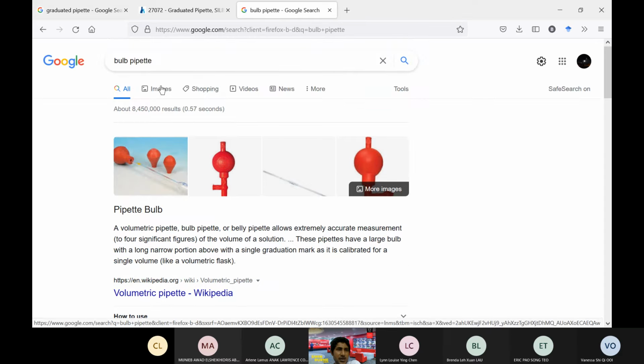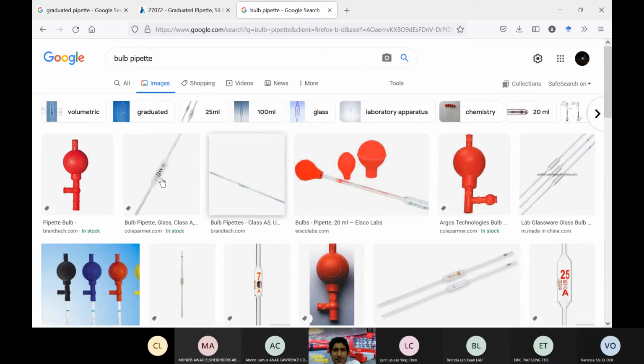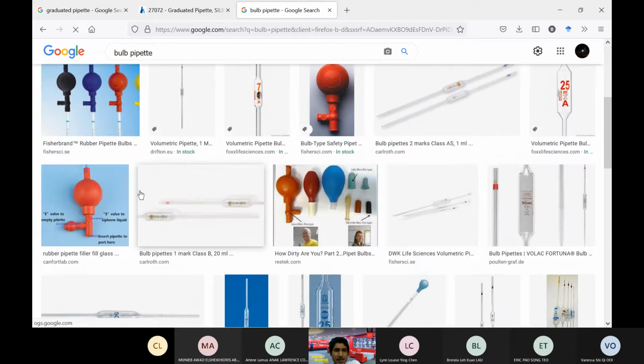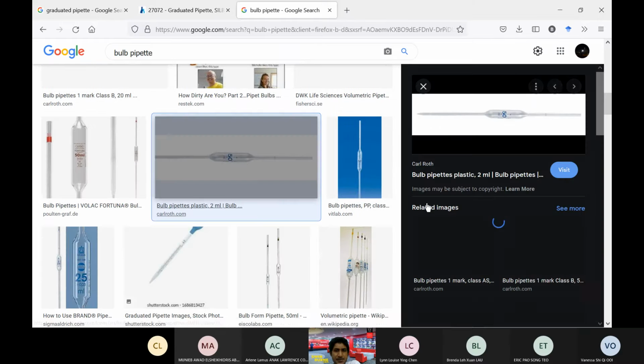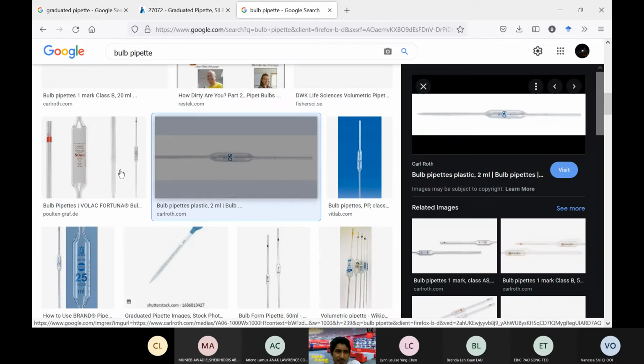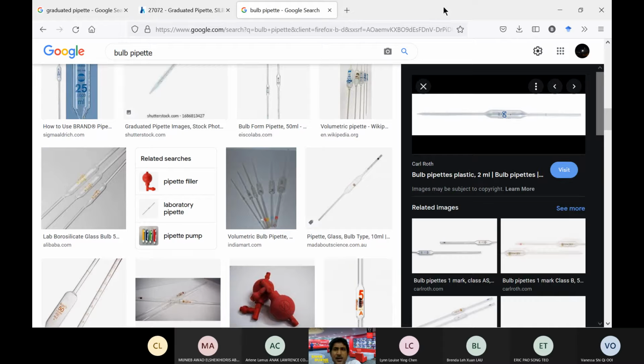And here, the red color is not the pipette. This is the pipette filler. Okay, so this is a bulb pipette. This is a bulb, there are two thinner parts on either side, but inside is a bulb, a thicker part. So that is called the bulb pipette.